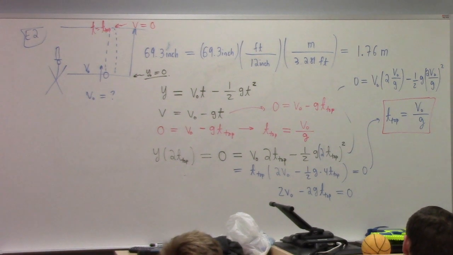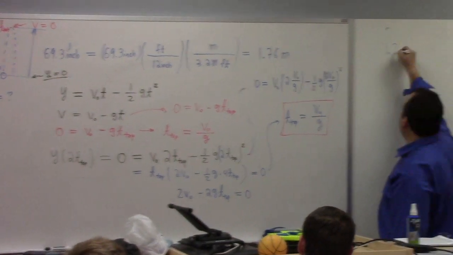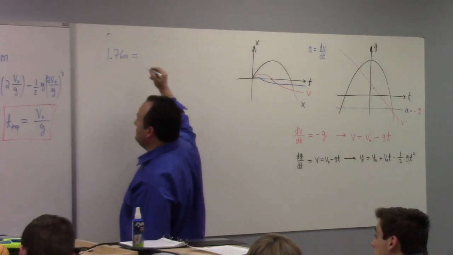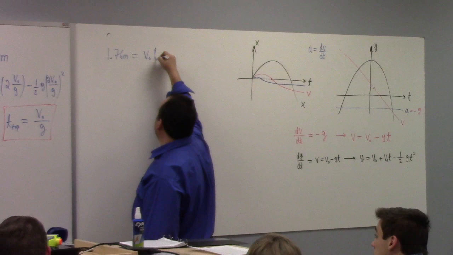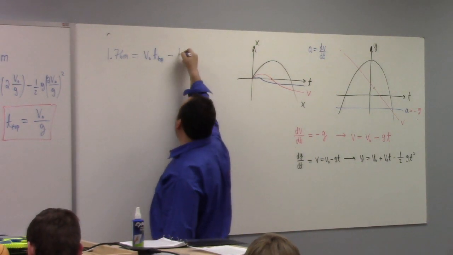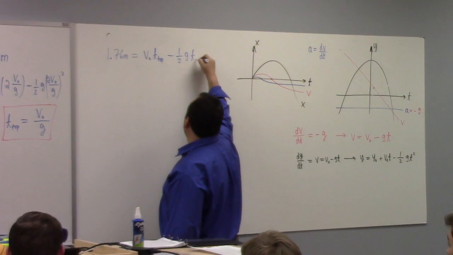So what's next? We're trying to find the velocity, right? So what else do we know? Well, we know that 1.76 meters is equal to what? It's equal to v naught Ttop, minus 1/2 g Ttop squared, yeah?